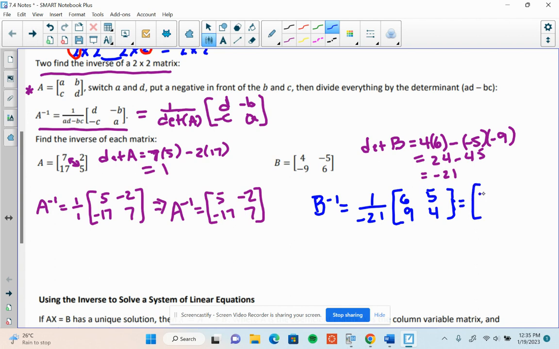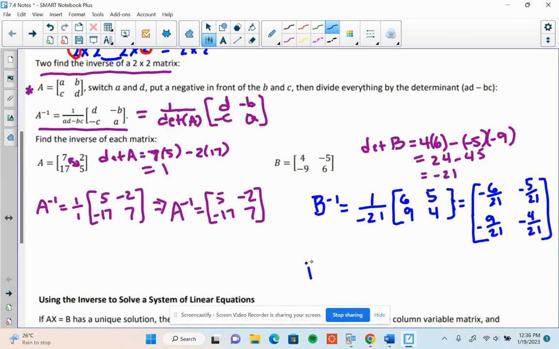So I have negative 6 over 21. Let me make that a little bigger for my fractions. Negative 5 over 21. Negative 9 over 21. And then negative 4 over 21.